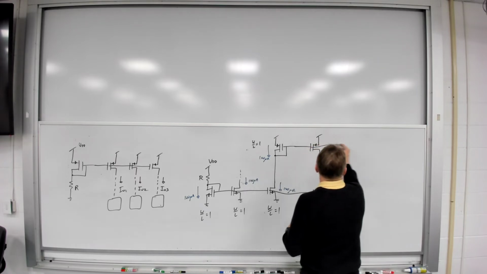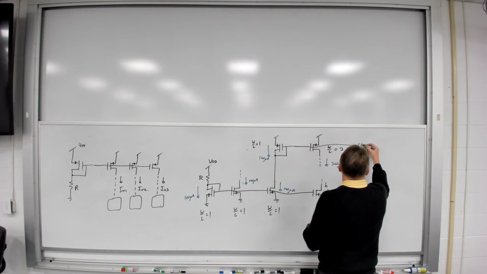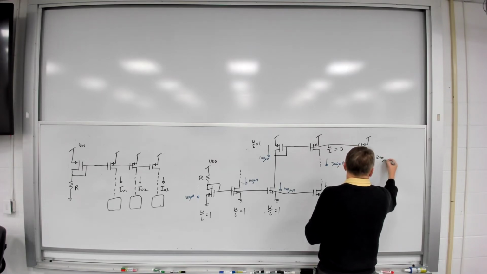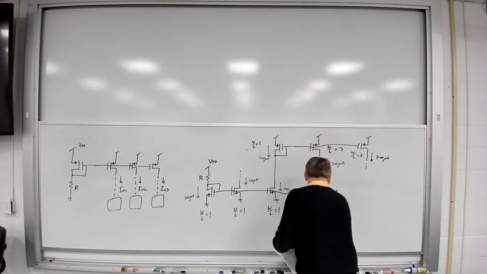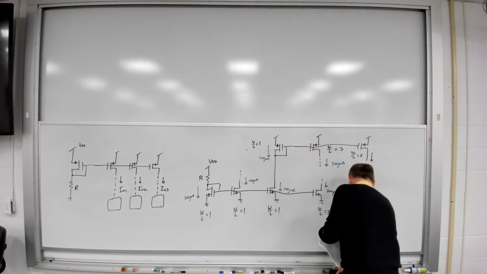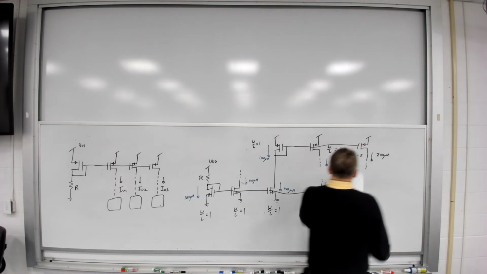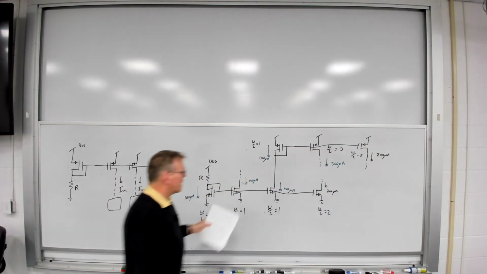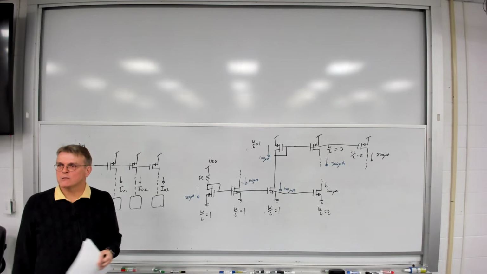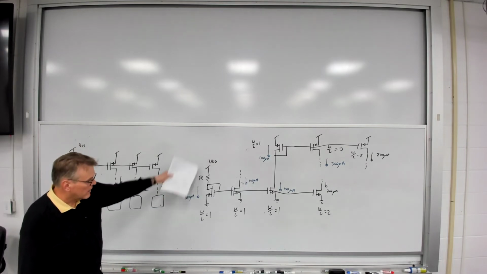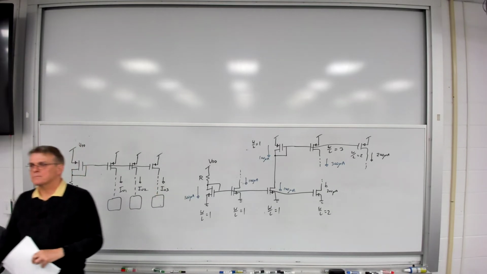And up here, I can extend this with a width to length ratio of 2 and get 200 microamps here. And so I can sink and source currents in any ratios I want on both the top and the bottom side and extend this idea as far as I want, all of it running off of a single reference string.